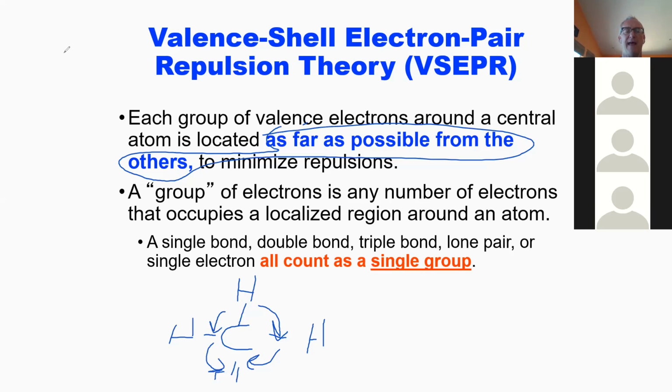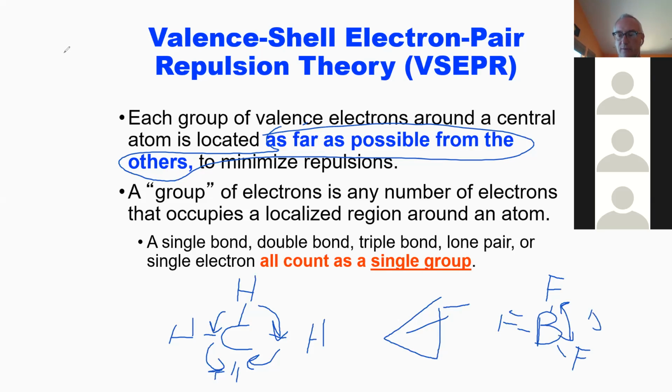And so in that instance, it forms this tetrahedral structure. It looks like that, remember? I can't really draw it, but it forms a tetrahedron. If it had 3 bonds, like boron, the greatest distance between these is a plane with 120 degrees between them.